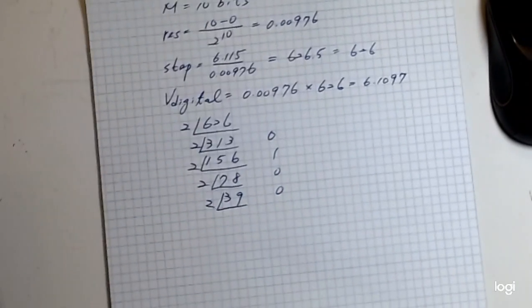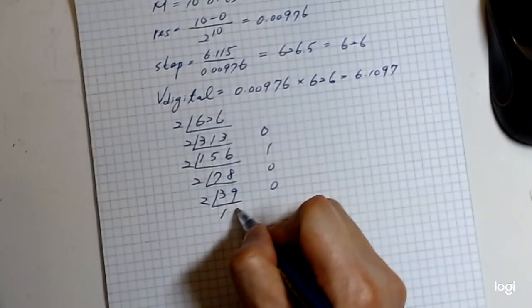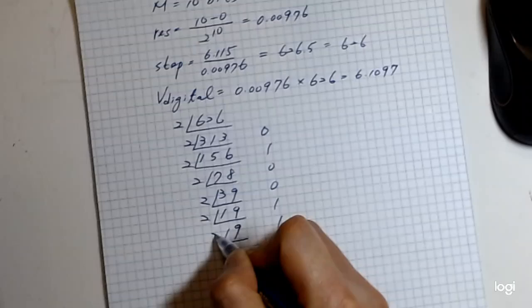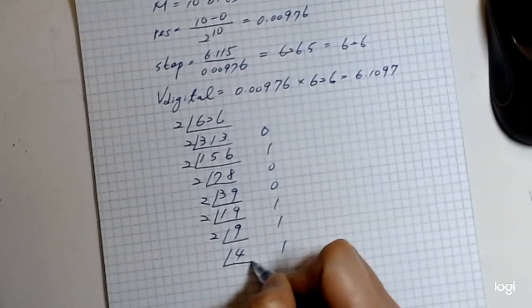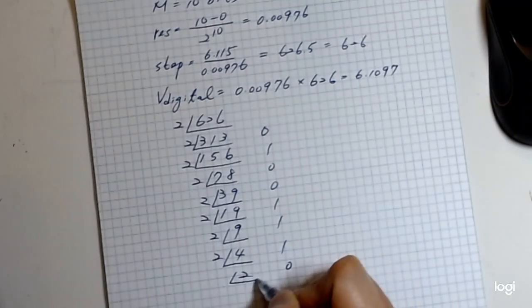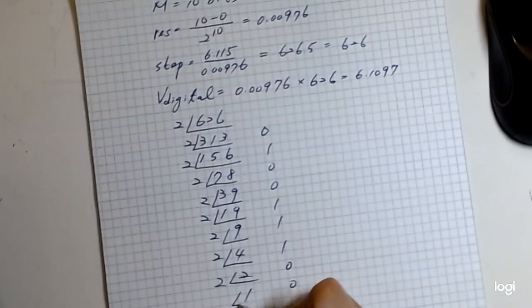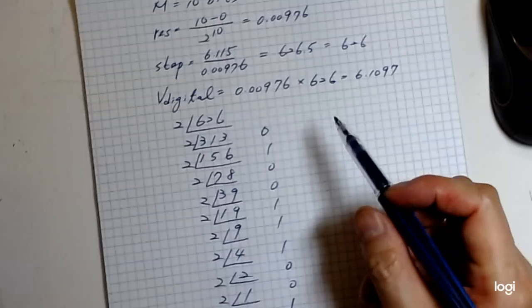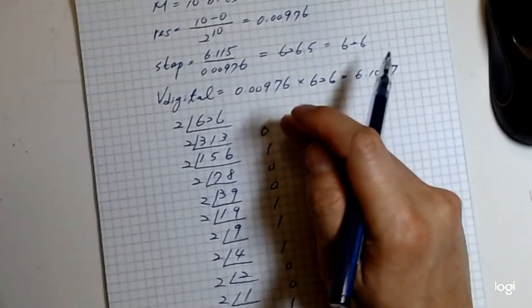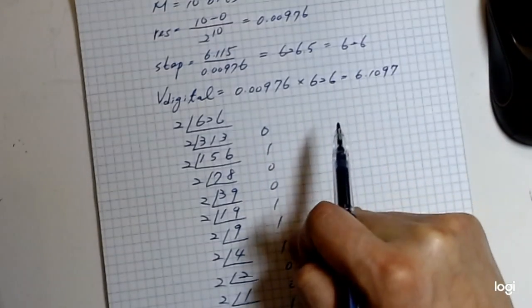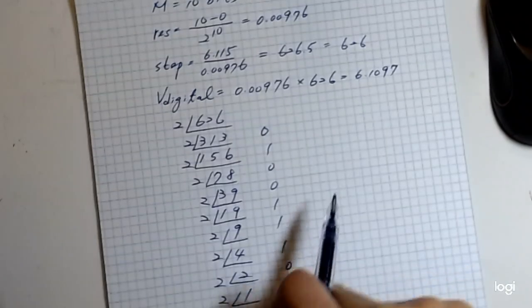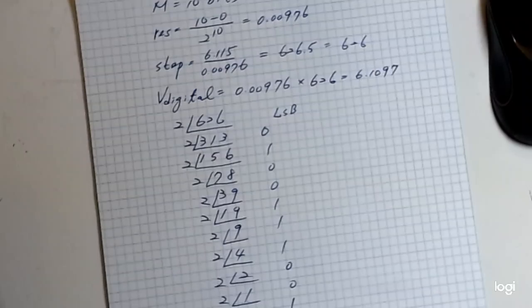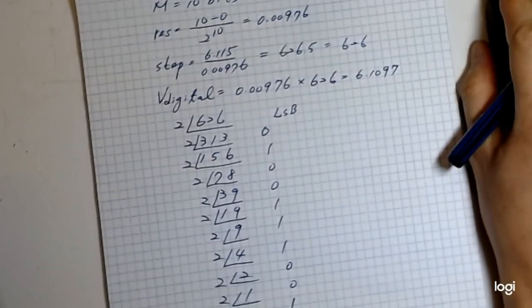Keep dividing by 2. Ten bit: 1, 2, 3, 4, 5, 6, 7, 8, 9, 10. So least to the most significant bit.